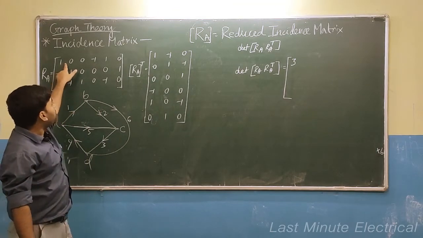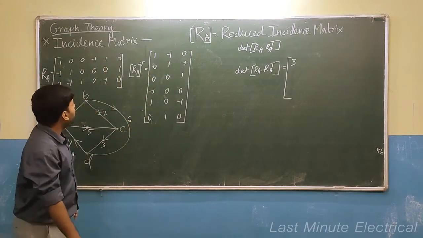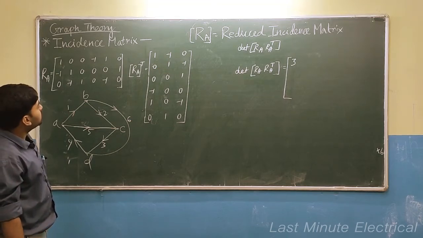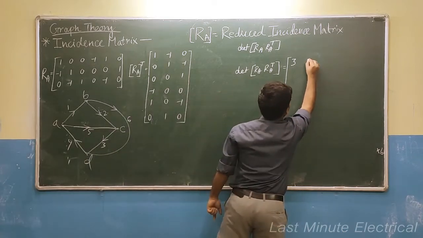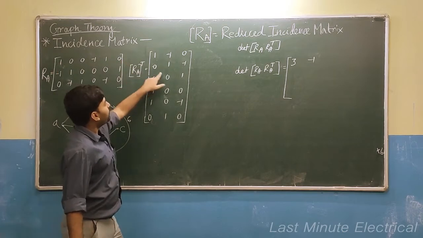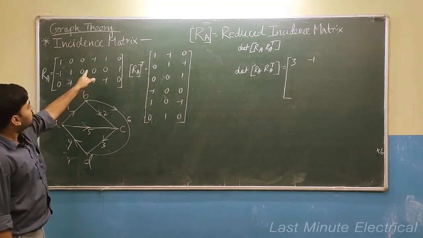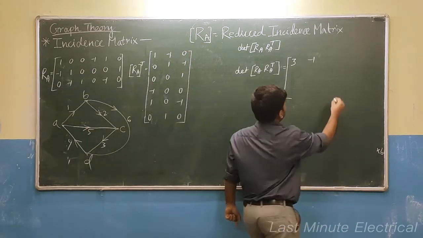Okay. This is simple multiplication. All of you have done this in your 12th class. So, next, this is the first row, I am considering the second column. It will be minus 1. Okay. Now, first row, third column, if you check it, it will be minus 1.